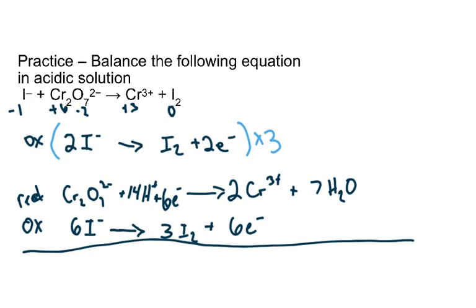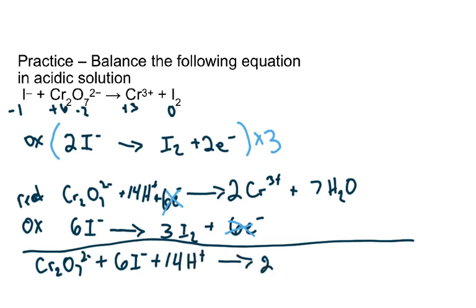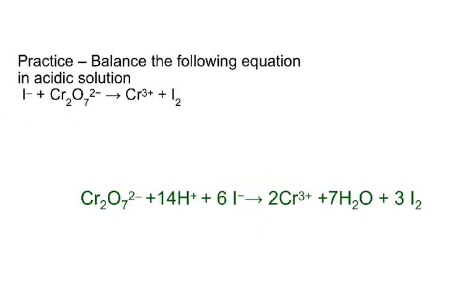Then when I add those together, my electrons will cancel out, and I will be left with Cr2O7 2- plus 6I- plus 14H+ goes to 2Cr3+ plus 3I2 plus 7 waters. So, there you go.